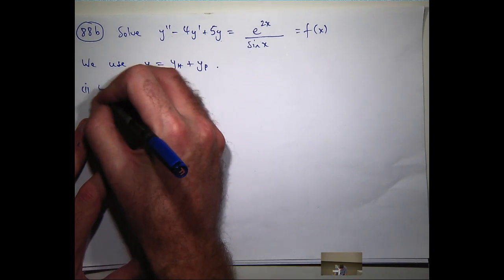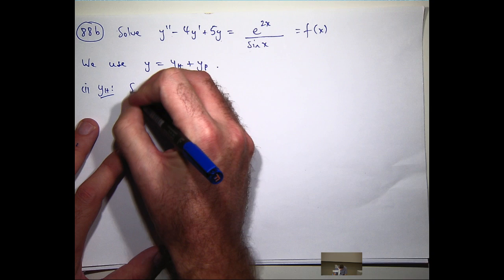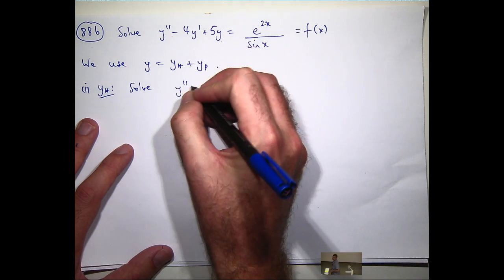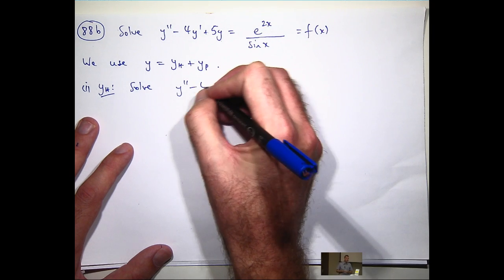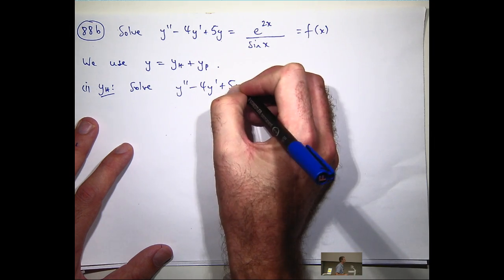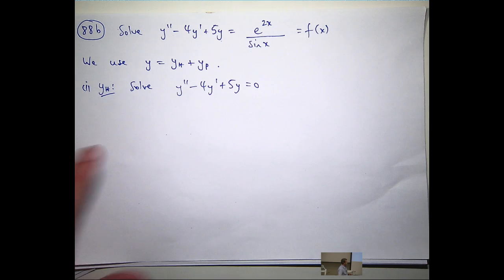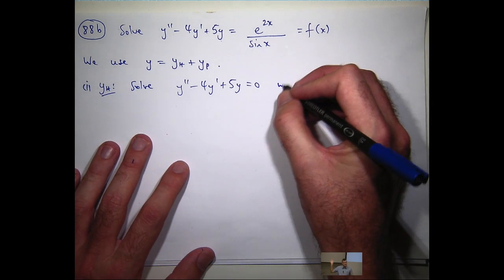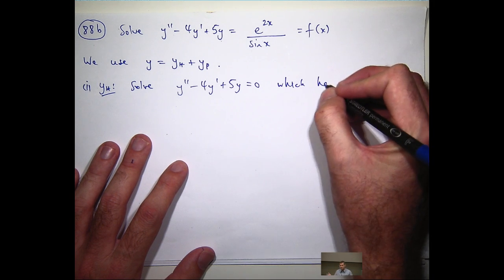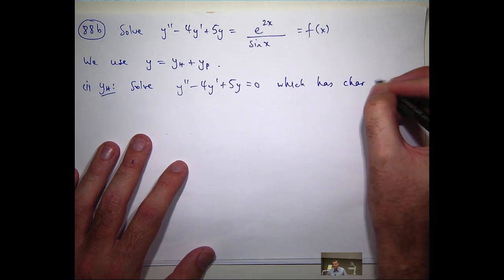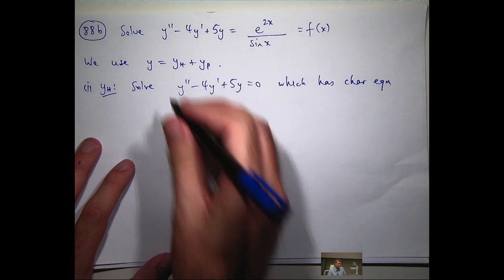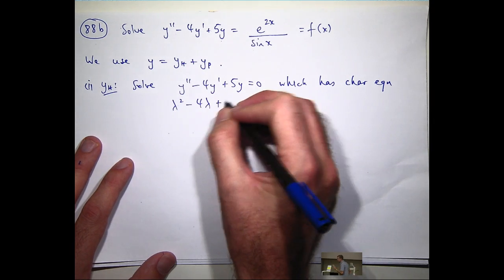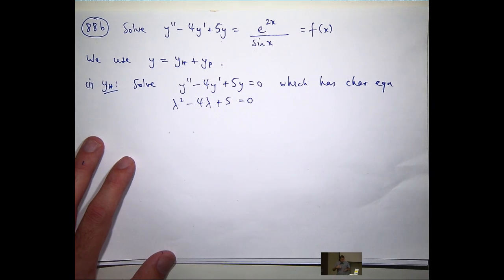So to get y sub h, we are going to just turn this into a 0. Look at the characteristic equation. Okay, it's going to be something like lambda squared minus 4 lambda plus 5 equals 0.